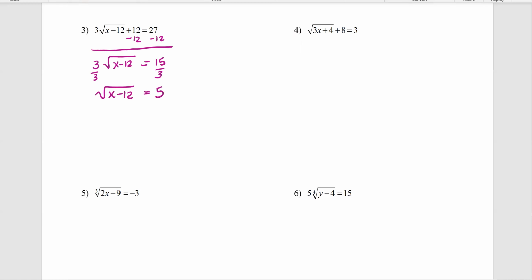Now we'll square both sides and add 12 to both sides. And x is equal to 37. I will leave the check up to you.